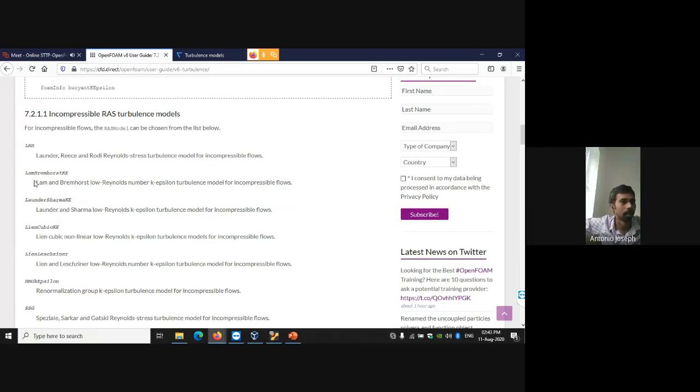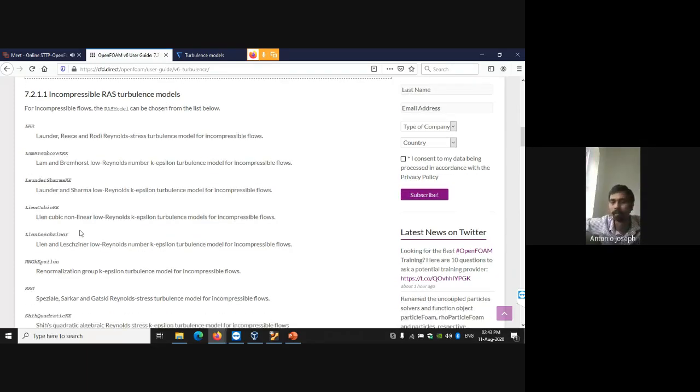See, LRR, Launder-Reece-Rodi, k-epsilon model. So these are a lot of turbulence k-epsilon models, for finding the values of k and epsilon in the case of turbulent flow. These are the different types of models that can be used in different flow conditions.